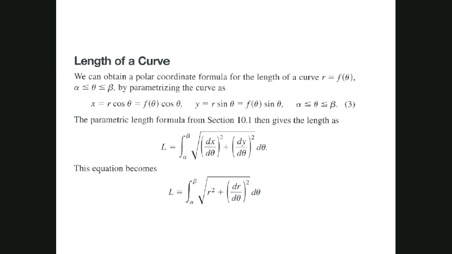Because you've got the length is going to be the square root of dx d theta squared plus dy d theta squared. Boom. Or if you're going to use r squared plus dr d theta squared, that is the length of the equation. So if it's parametric, use this one. If it's polar coordinates, we're going to use this one.